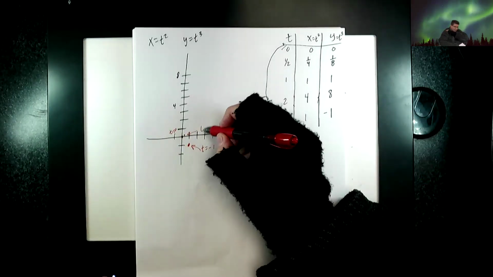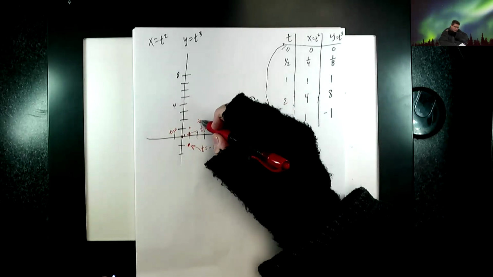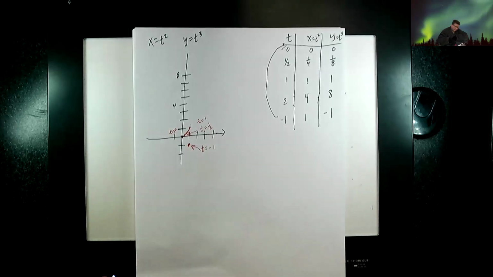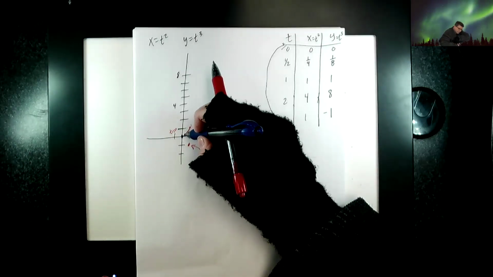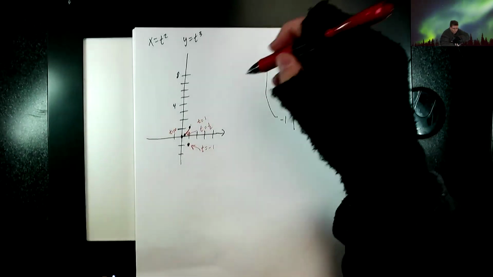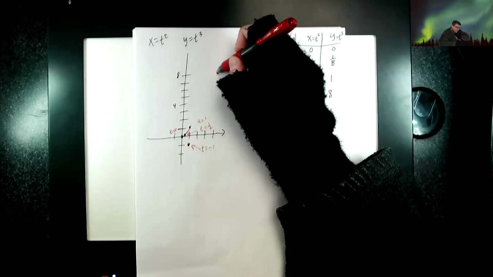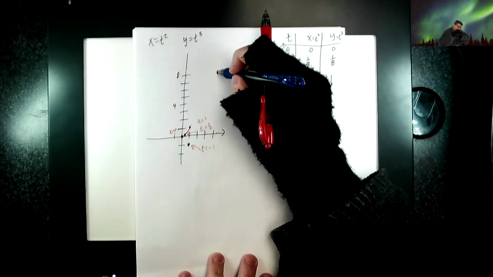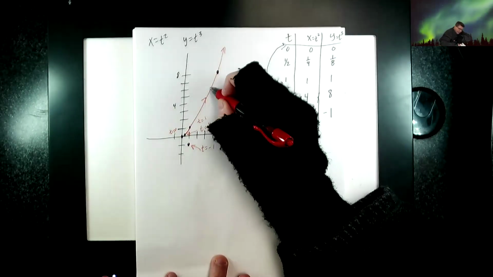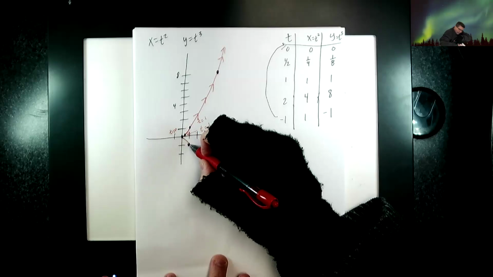So that's t equals 1/2. t equals 1 is right there. That looks like it's doing something like that. And when I do t equals 2, we get 4 and 8. And it's going that direction, which means it's probably coming in like that from that way.